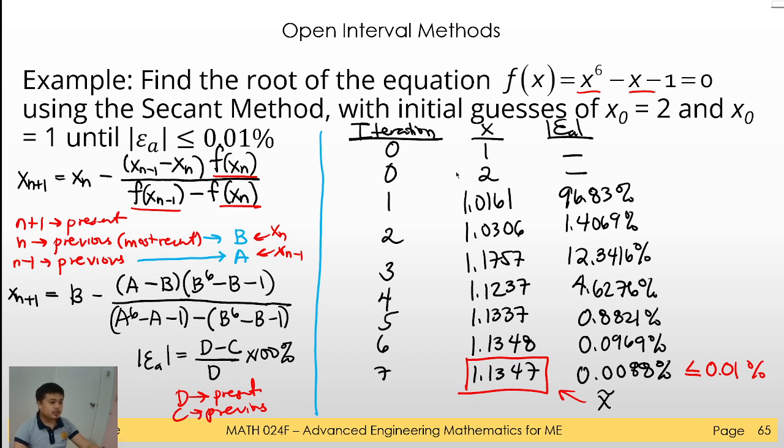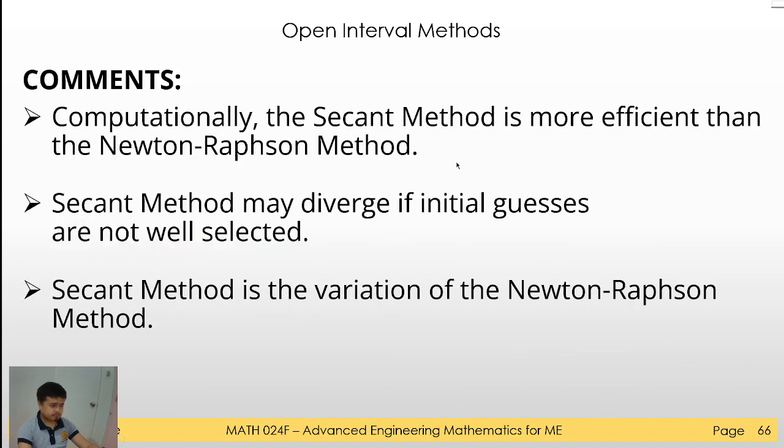Let's move on to the comparative efficiencies of the secant method and the regula falsi. Secant method first. Computationally, secant method is more efficient than the Newton-Raphson method. Comparing the two, secant method will usually converge faster.